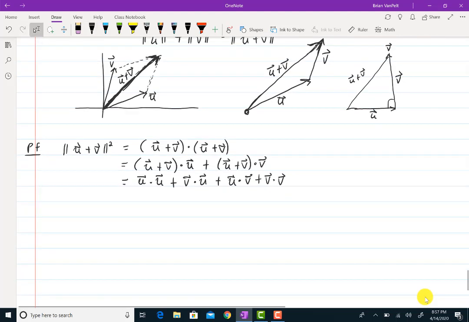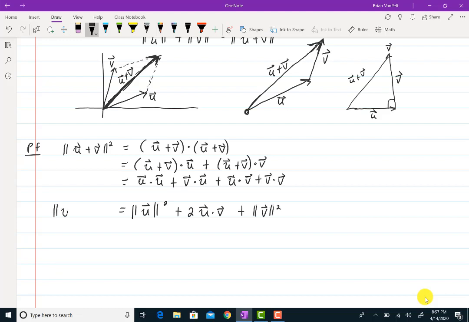Now if you look, u dot u is the same as the norm of u squared. V dot u and u dot v are the same, so I have 2 times u dot v. And then I have v dot v, so that's the norm of v squared. So this is actually what the norm of u plus v squared equals.